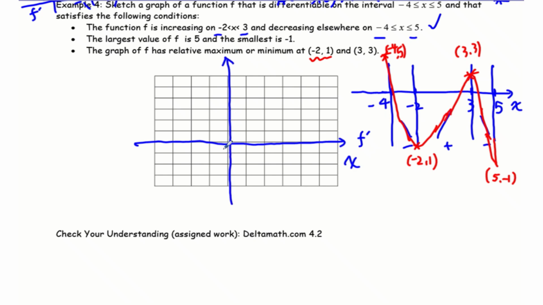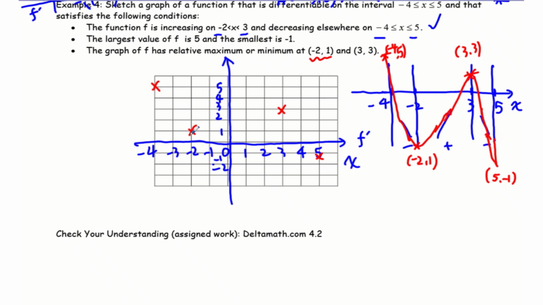Then you will have -1, -2, -3, -4 fit perfectly, and 1, 2, 3, 4, 5 for the x. Then -2, +1 is one point. 3, 3 is another point. 5, -1 is this point. -4, +5 is this point.